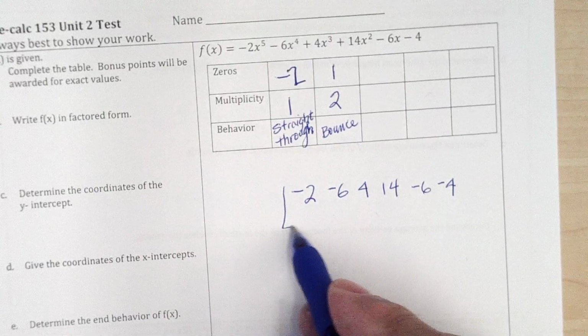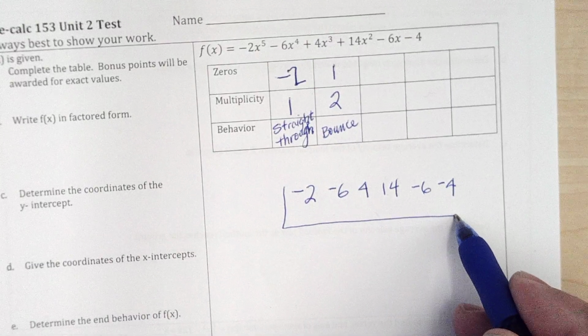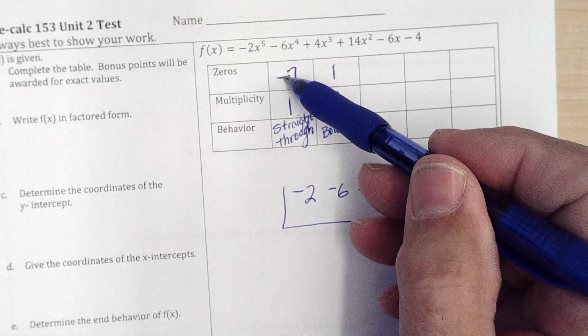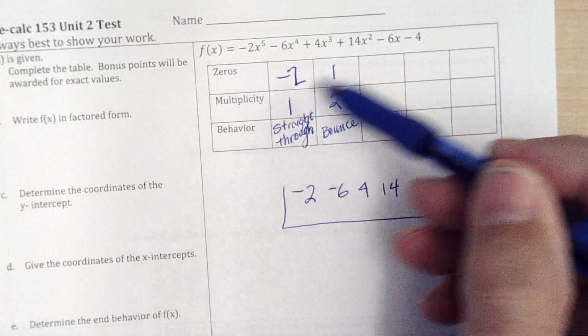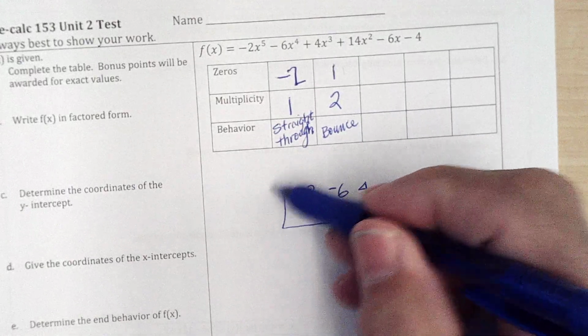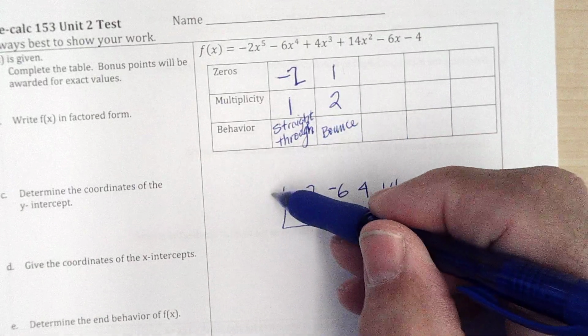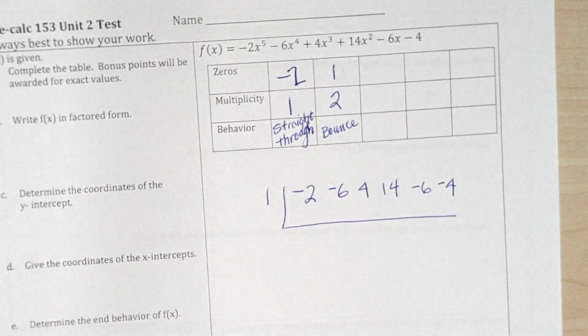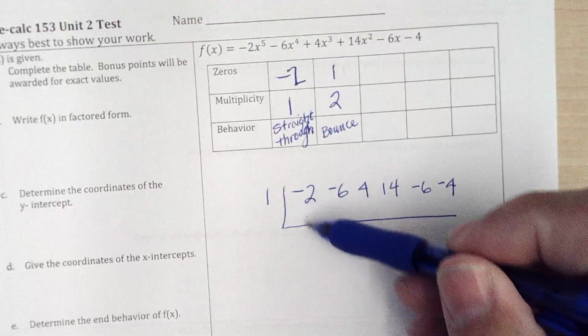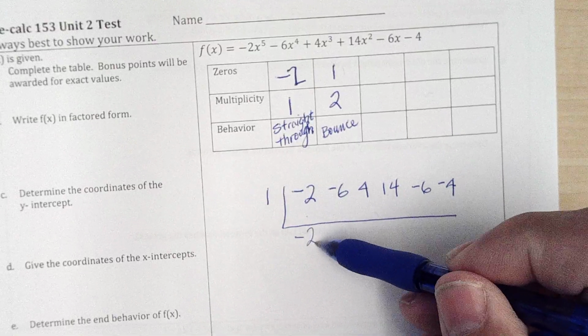And when you do synthetic division, you always use the zero, not the factor. Now, -2 goes in and 1 goes in. I think 1's a little easier to work with, so I'm going to use the 1, and I'm going to do it twice. So here's the first time through. Add down. -2 plus nothing is -2.